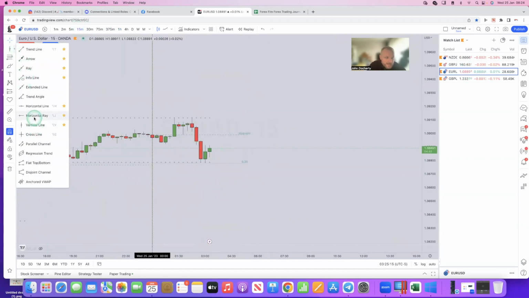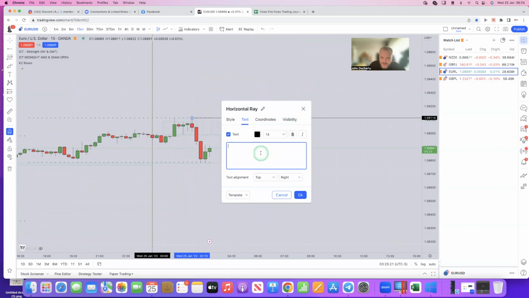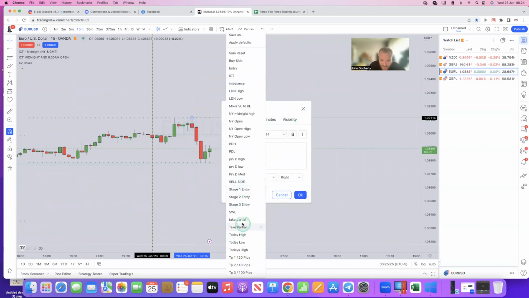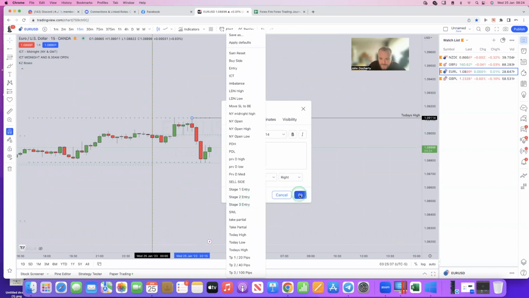We've got the magnet on, so we're going to go previous daily high. I should say today's high on the 15 minutes. Why is that not showing? Right, there we are.